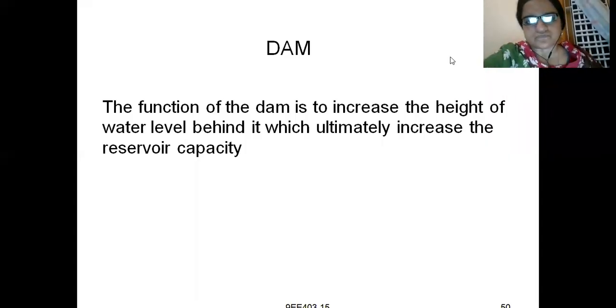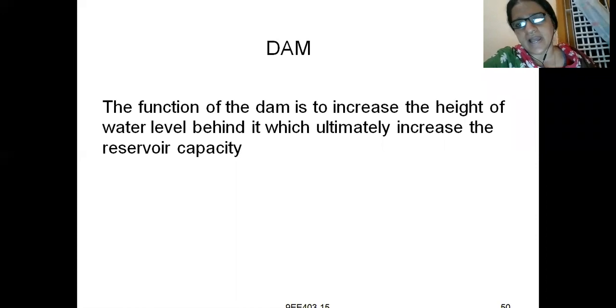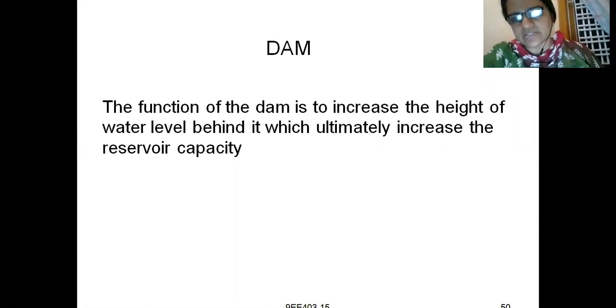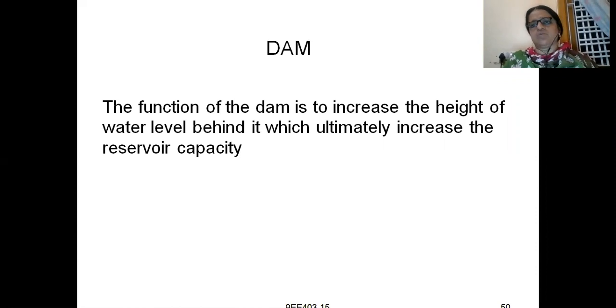I have told that a dam comes under the part of civil engineering. It is associated with huge construction and huge cost. Wherever you want water, you can't just take water there. A dam will be constructed across a perennial river, the river which flows throughout the year.